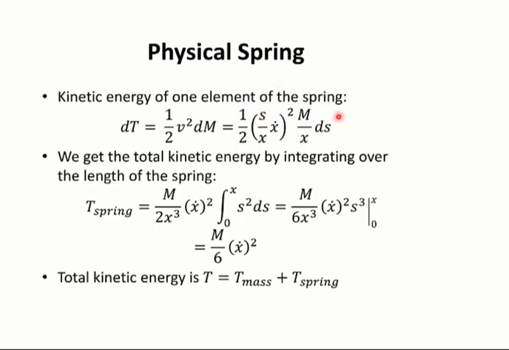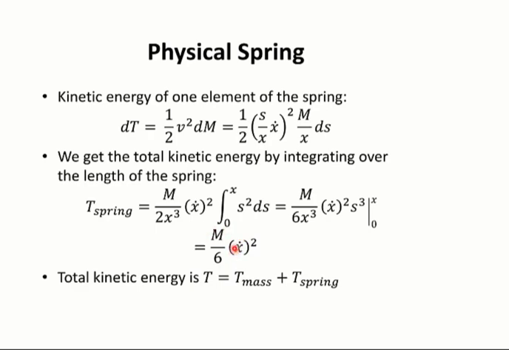So this is the infinitesimal kinetic energy of that infinitesimal element, okay? Now, in order to find out the total kinetic energy, we have to integrate this thing throughout the length of the spring. So the limit would be from 0 to x, okay? So if we integrate this out, we get the total energy of the spring. So here is the total kinetic energy of the spring.